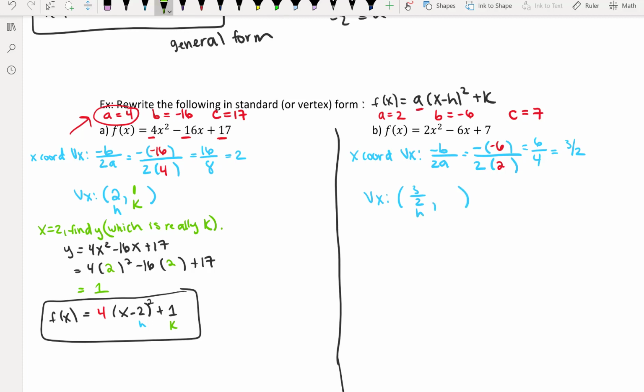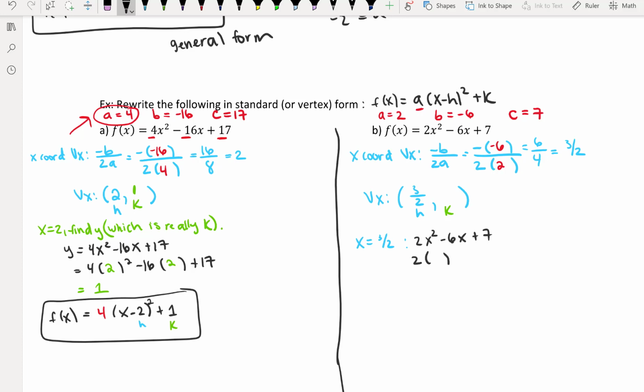Now I have to figure out what that k value is going to be. Remember, that's when I plug in that x is equal to 3/2. So x is equal to 3/2. Now I'm going to plug it into my original equation, which was 2x squared minus 6x plus 7.